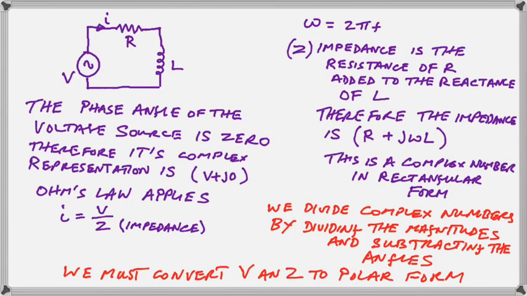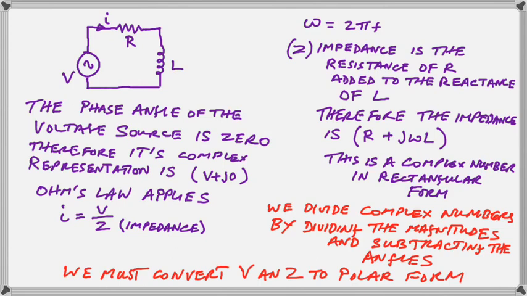That's why we have V plus j0 there. Now Ohm's law is just as good with complex numbers as it is with simple numbers. So the current would be V over Z, which is the impedance. We use Z instead of R for the complex impedances. So we're basically just dividing one complex number by another.